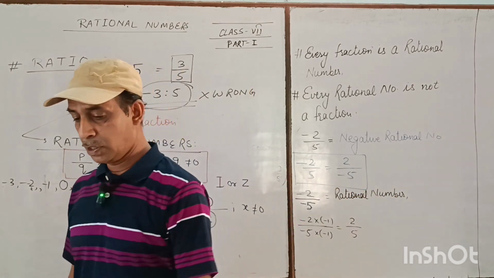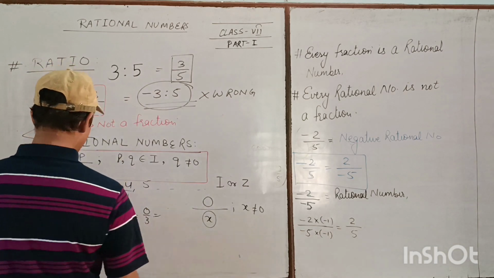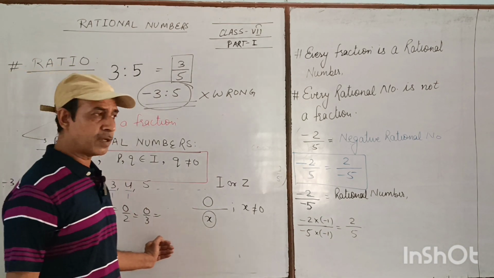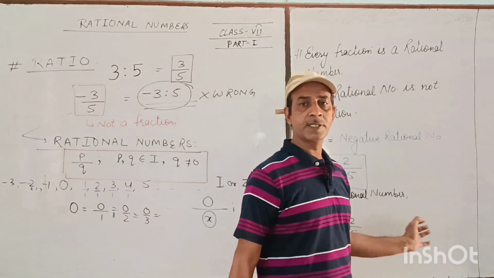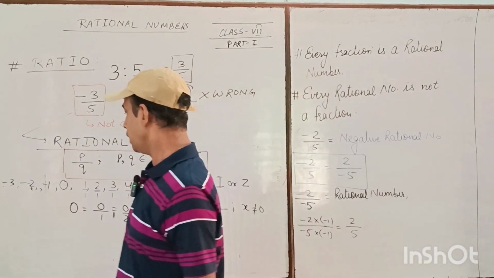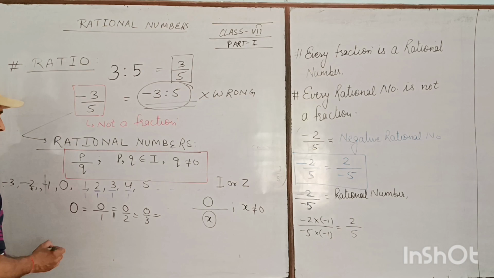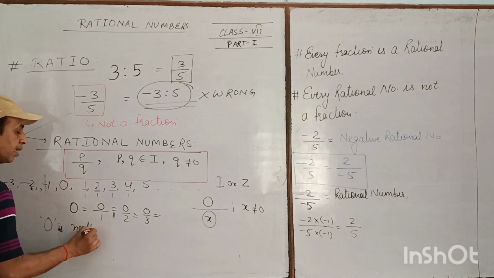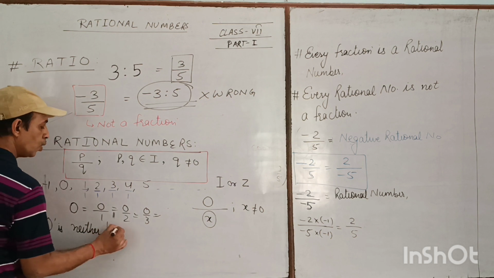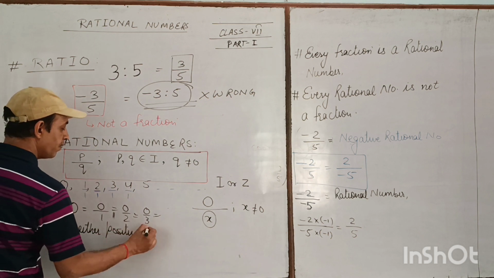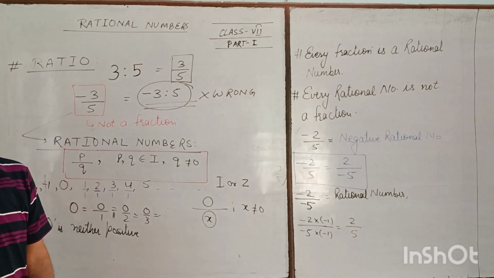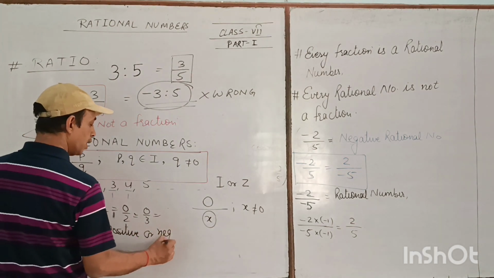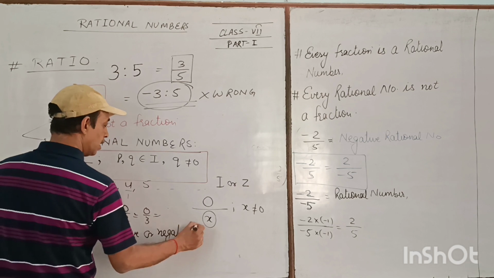Yes, one more thing. 0 is a rational number. This we have seen. But what can you say about 0? Is it a negative or a positive rational number? 0 is neither a positive nor a negative rational number.